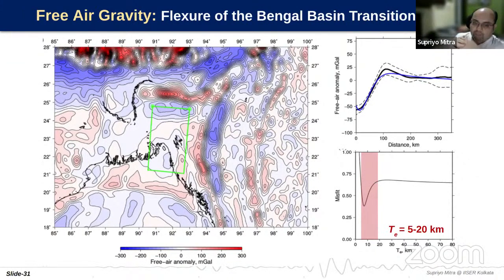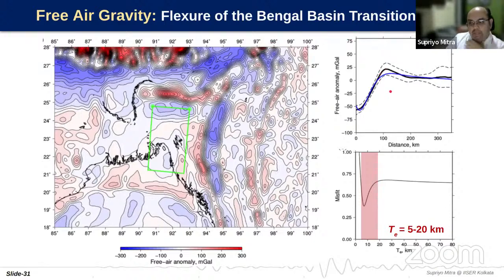And if you have flexure in the basin, you would have negative gravity anomaly because you have sediments on top, which reduces the density. So what we did is we are actually going to model the gravity away from the load. And if you are looking at the wavelength of the flexure away from the load, you solve the fourth order differential equation where your flexural wavelength is guided by the elastic thickness only. And that is what we do here.